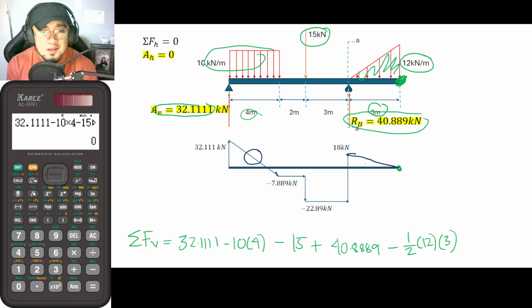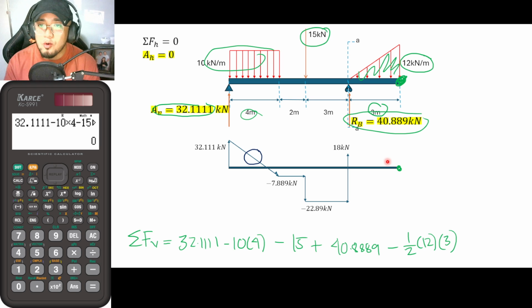Okay, so at this portion, guys, once again, it is not a straight line. Why? Because the load here is varying. So it is not actually a straight line if you would be plotting it. If you would, let's say, cut a section per element here, you would not result in a straight graph.